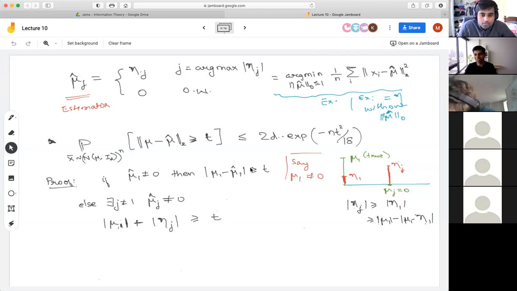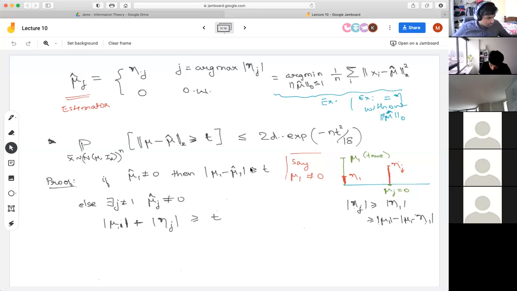Without loss of generality, you can just change the analysis accordingly if it's anything else. Now the two cases are either mu hat also has the first coordinate as non-zero, or it has some other coordinate as non-zero. Suppose it's the first coordinate which is non-zero, then the 2 norm is just the difference of the two coordinates.